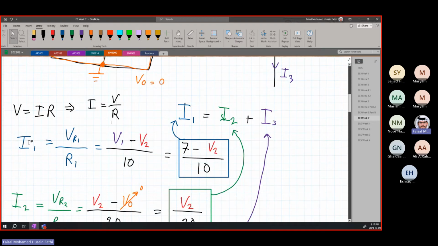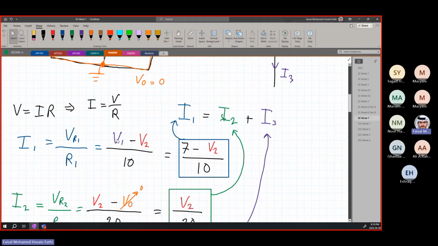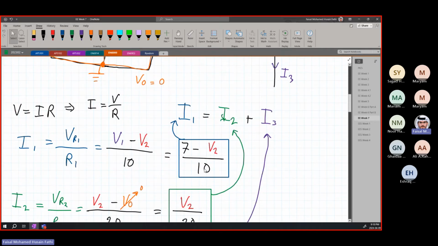So I1 will be equal to VR1, the voltage drop across R1. How do we know what the voltage drop is? It is from the plus to the minus. So plus 7, which is V1, minus V2, divided by the resistance R1, so you divide it by 10.